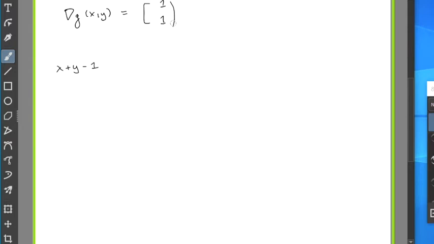So that's our gradient. And that constant vector is surely never equal to the 0 vector. So the Lagrange condition actually applies.